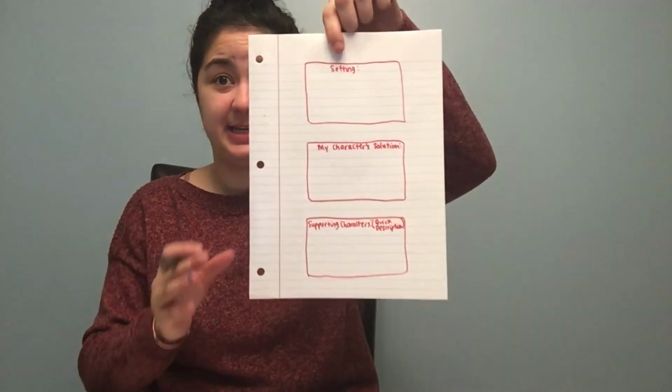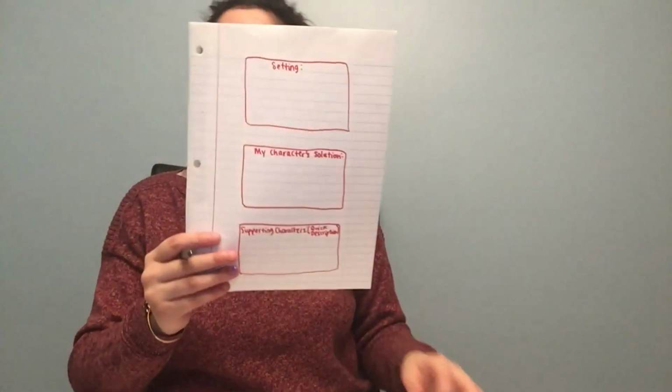Almost there, guys. Now your second page begins with your setting, and we know that the setting is what? That's right, it's where and when the story takes place. So I don't just want to write outside.